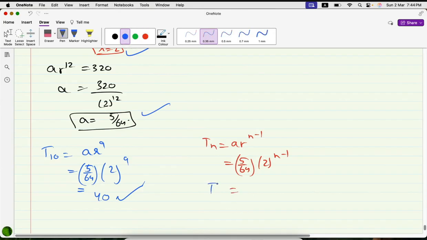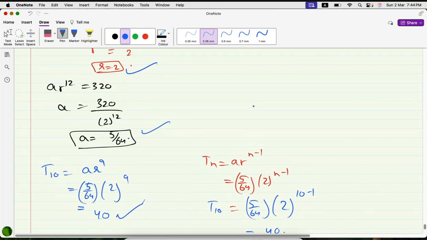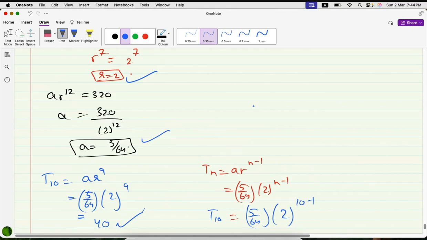And now we can find any term we want. 5 by 64 into 2 raised to power n minus 1, and that's 40. Clear? So we got A itself, and then we took out the R value while solving them simultaneously.